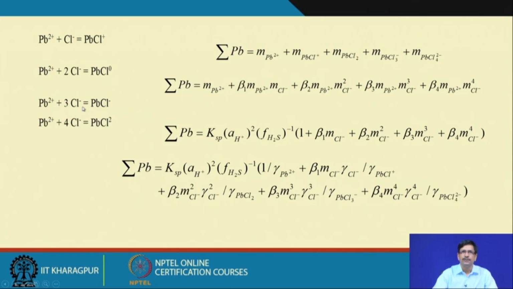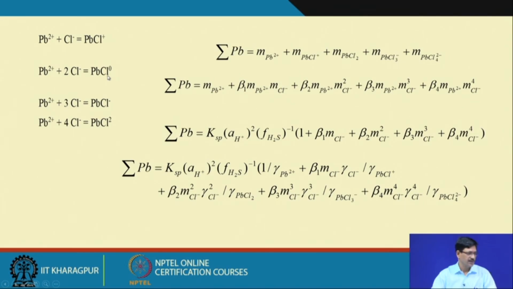Now, coming to the actual mechanism, taking the example of lead here. So, if we consider that lead is a bivalent metal, and in a hydrothermal fluid we have abundant chloride ion as the ligand, then lead can possibly form a series of such complexes as PbCl plus, PbCl2.